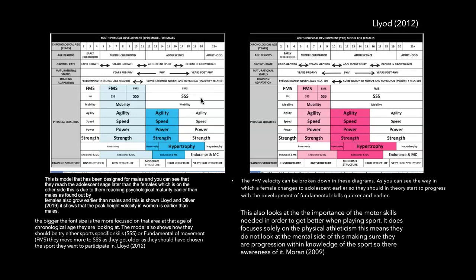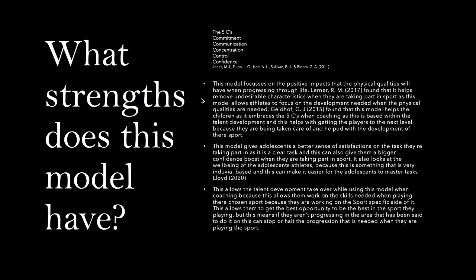Power and strength need to be maintained throughout, along with hypertrophy and muscular endurance. So the smaller the writing, the less important it is, and the bigger the writing, the more important it is, due to what this model suggests. But again, every child progresses at a different rate. So this model, again, is good, but they all progress differently.